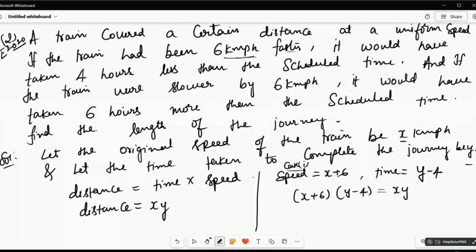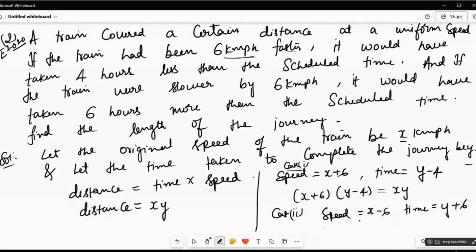Second one. Now, if the train were slower by 6 kilometers, in case 2, the speed will reduce to x minus 6. And time will increase by 6 hours, so y plus 6. But it is traveling the same distance.